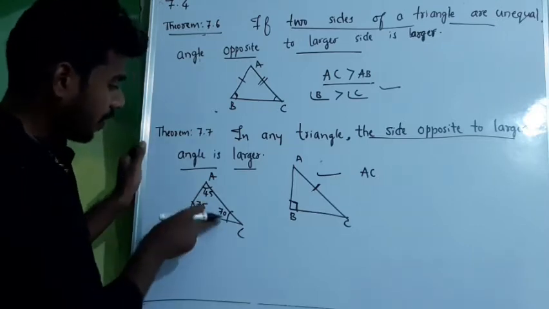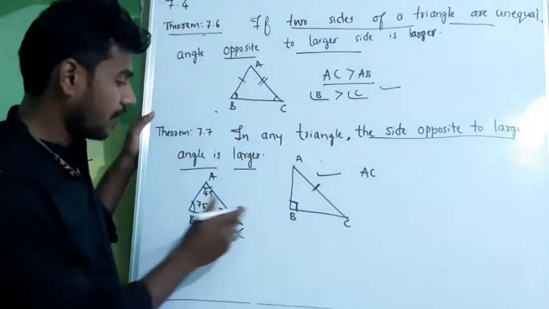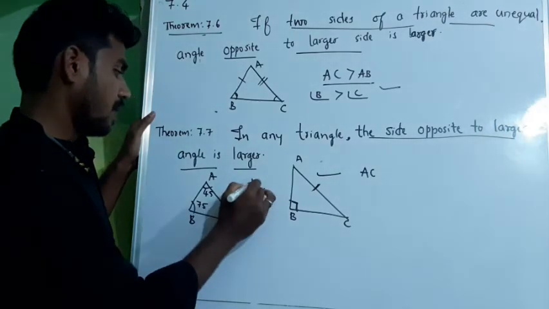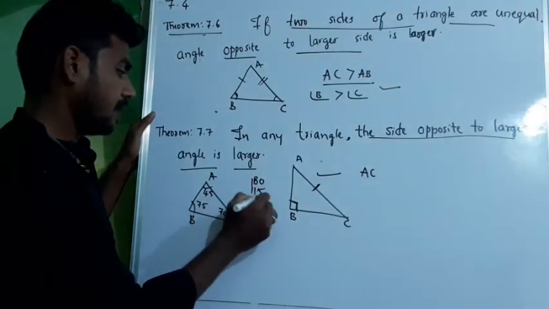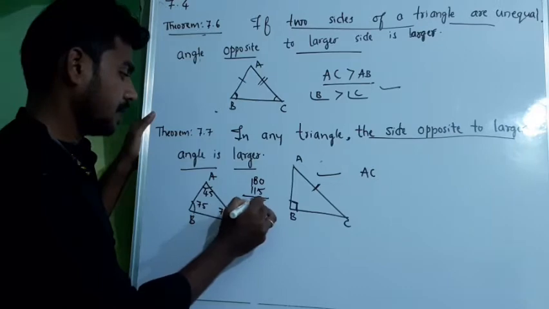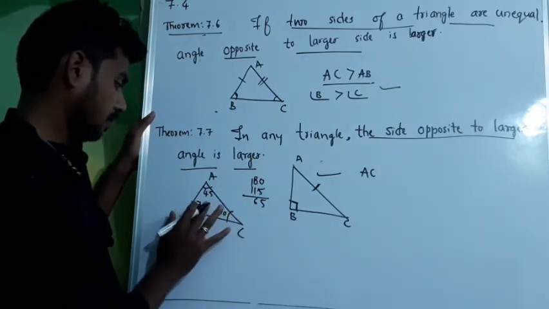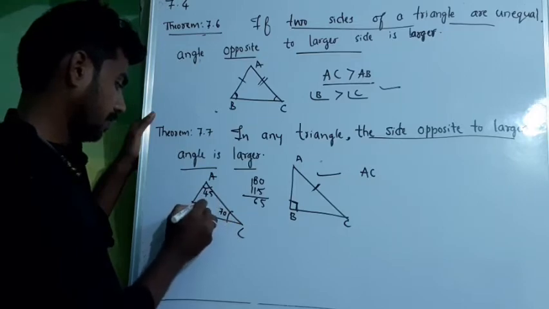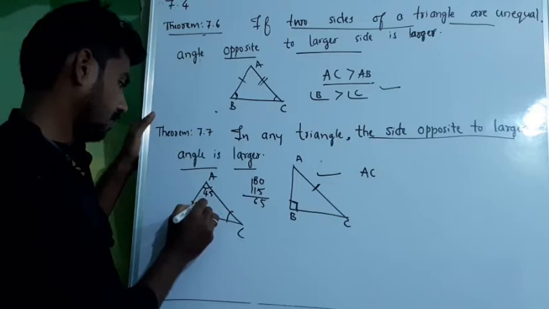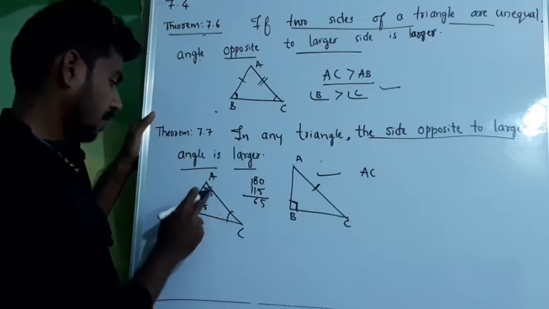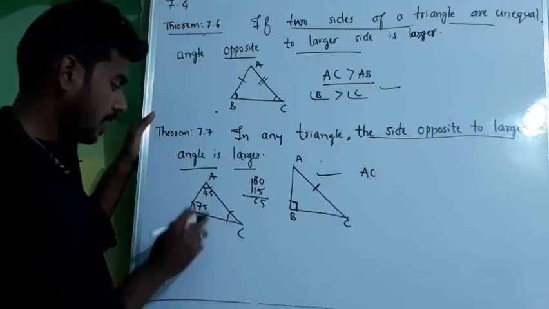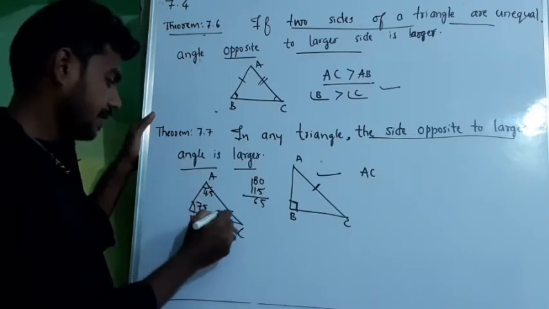See, 45 plus 70 is 115. 180 minus 115 is 65.